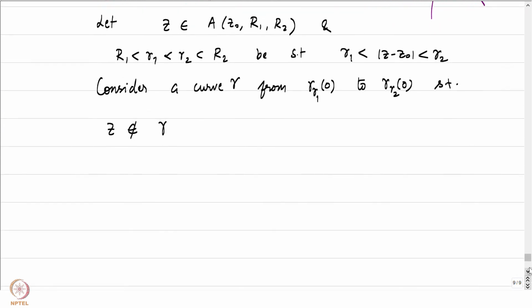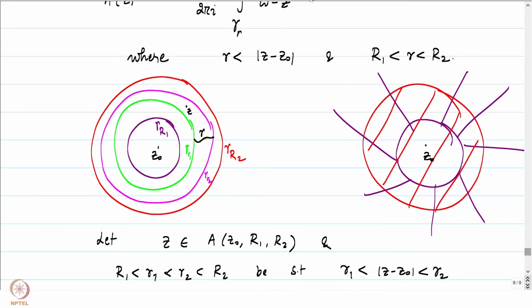And then consider the following concatenation of curves. Let sigma be equal to gamma 2, which goes in this direction from here.